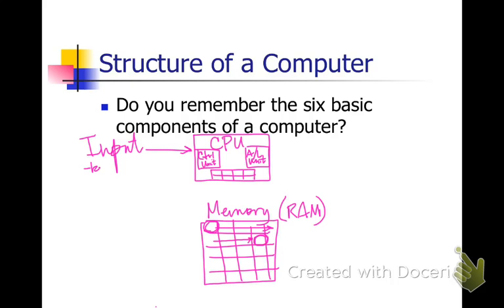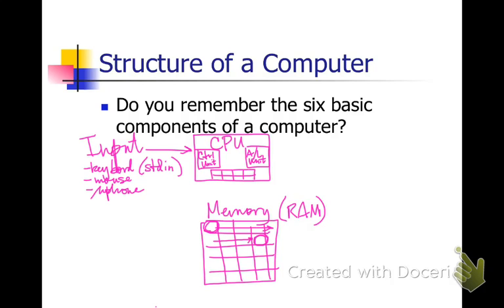Standard in is what you'll see that called a lot of times. Other input devices would be the mouse, maybe a microphone. Oh, you guys, there's lots of different input devices.